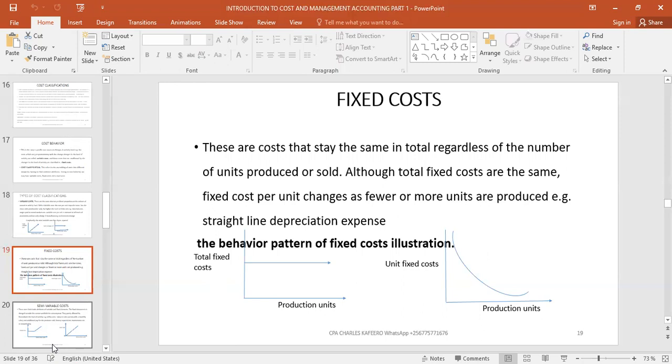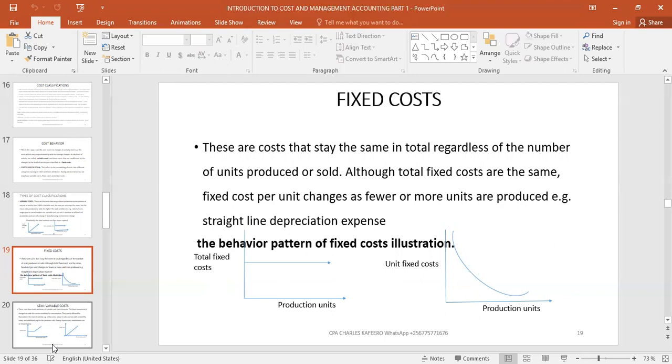Although total fixed costs are the same, fixed cost per unit changes as fewer or more units are produced. In this case, we can talk about the straight line depreciation expense. We are removing a constant amount, the depreciation expense is the same regardless of the amount.